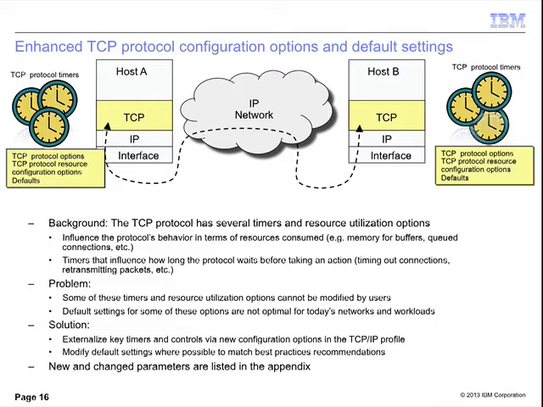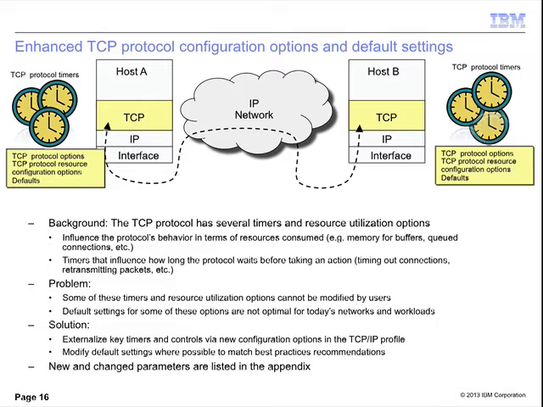Many of the defaults for these timer values and otherwise were chosen back when we rewrote the TCPIP stack in the 1990s, and as you can imagine, the network fabric has changed a lot, hardware has changed a lot, application workloads have changed a lot, and so we've revisited some of the defaults and updated them. As you guys probably know, we don't make changes to defaults very often.